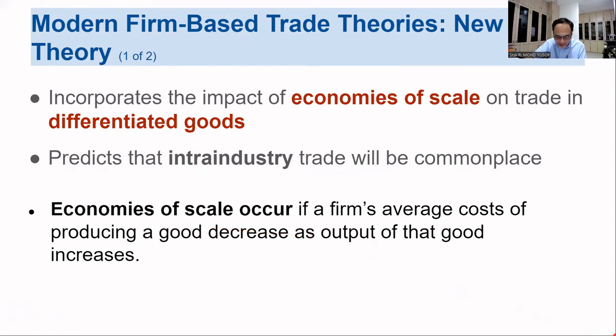There is a difference between economies of scale and economy of scale. Economy of scale is that as you produce more, the goods become cheaper. For example, many automotive manufacturing companies benefit from economies of scale.